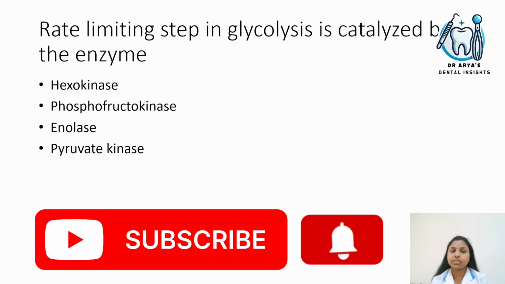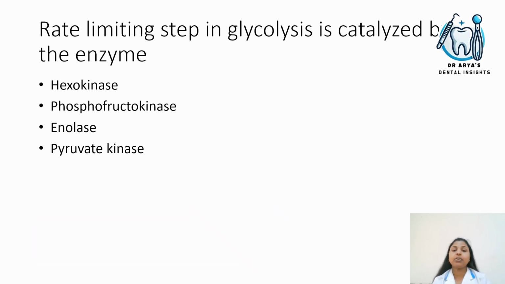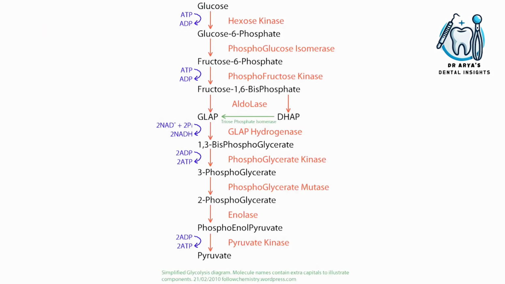So coming to the next question. Rate limiting step in glycolysis is catalyzed by the enzyme hexokinase or phosphofructokinase, enolase or pyruvate kinase. And here this is the glycolysis pathway, and here this is the rate limiting step, that is fructose 6-phosphate to fructose 1,6-bisphosphate, and the rate limiting enzyme is phosphofructokinase.